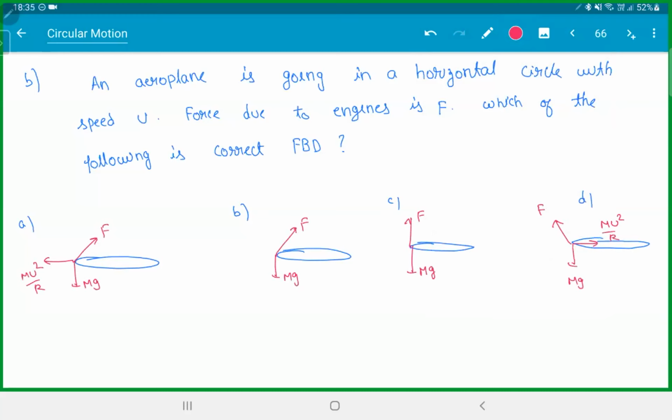So basically, this aeroplane is going in a circle. Plane is going in horizontal circle. Plane is just flying in a horizontal circle.